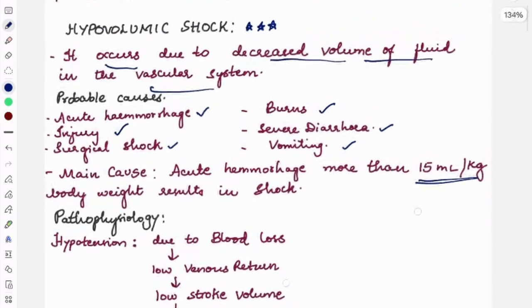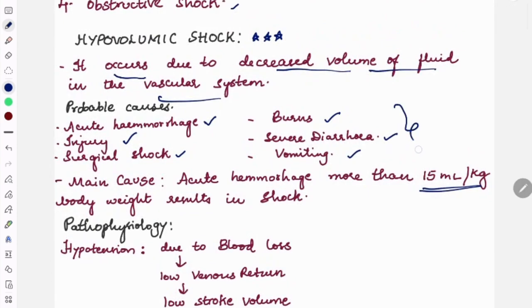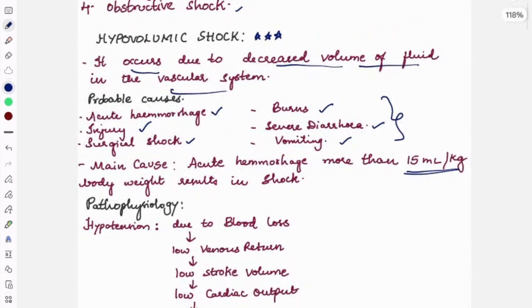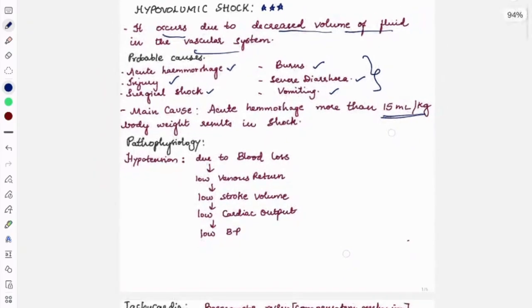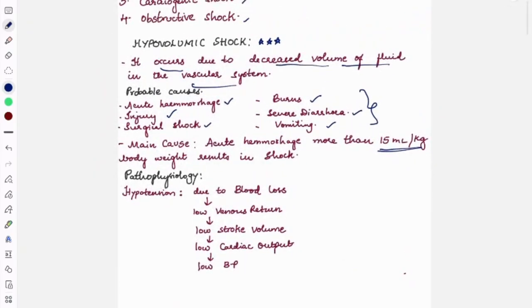So these are the probable causes. In a clinical case, they might give you clinical features and ask you to identify the type of shock and explain the clinical features. Because we now have the competency based exam curriculum, they'll ask you a clinical case and the probable diagnosis from these clinical features. Then the second question will be the causes of the clinical features, so we have to know the reason behind each feature. At last they'll ask you the treatment of this probable diagnosis.